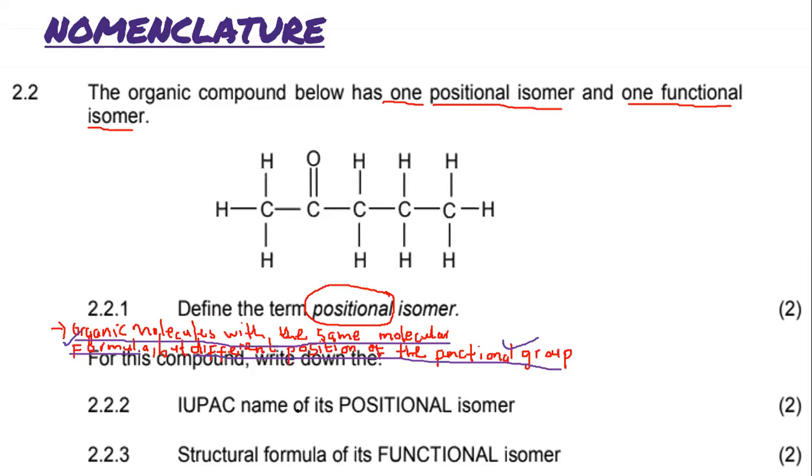Now, they say, for this compound, write down the IUPAC name of its positional isomer. Now, let us look at this molecule. Firstly, this molecule, you will say to me that, Ma'am, it definitely belongs to the homologous series ketones. Why does it belong to the homologous series ketone?